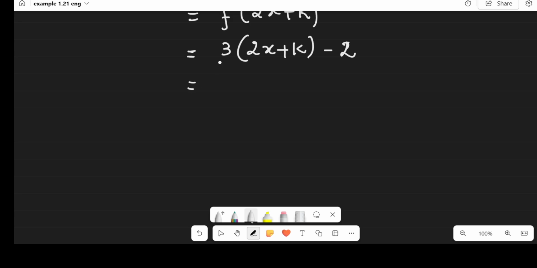We have to multiply this 3 with this 2x plus k. 3 into 2x is 6x, right? 6x plus 3 into k is 3k, and then minus 2. This is the answer of f of g.